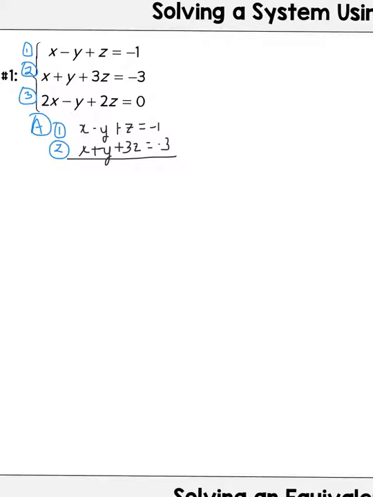Then I'm just going to add them exactly as you see them, and the y's here are going to cancel. X plus x is 2x. Z plus 3z is 4z. And -1 and -3 is -4. So this now creates equation, not 3, because we've already used that. So this is equation 4.